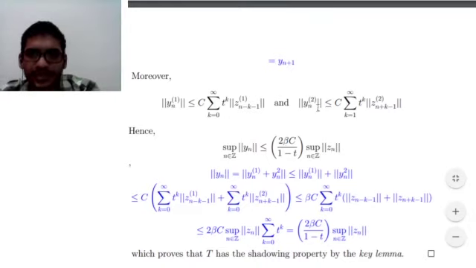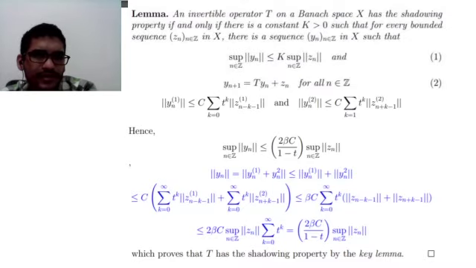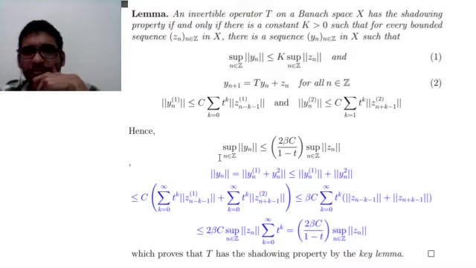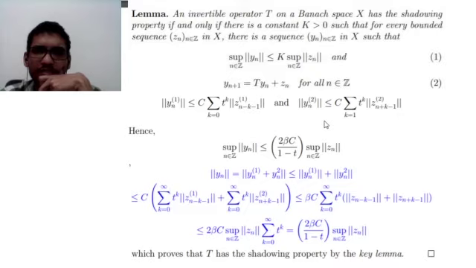Okay, from here, hence we have this, the supremum of the norm of the yn is less than this times the supremum of cn. This is the first condition of the lemma. Okay, this is the key.